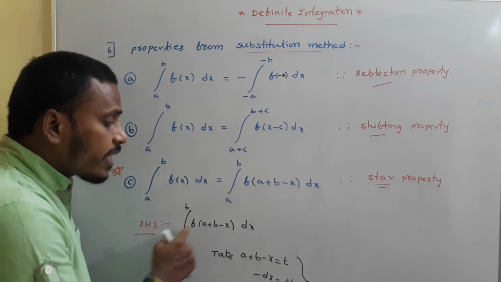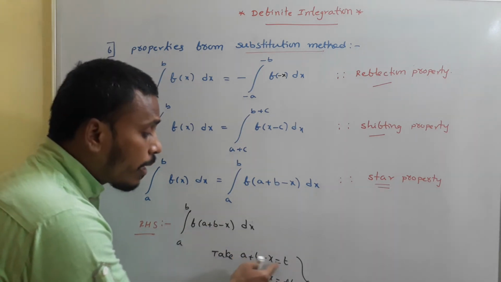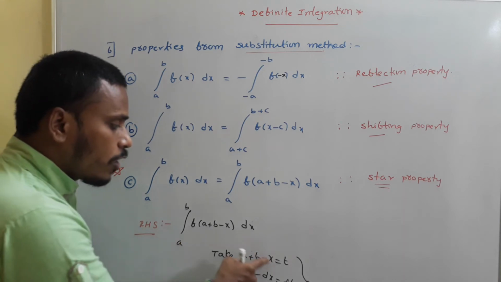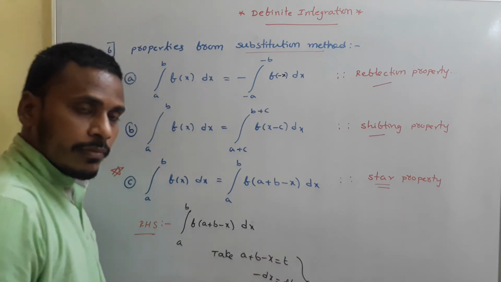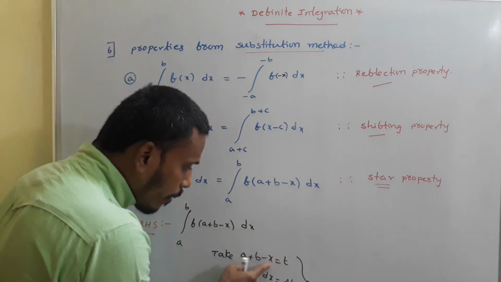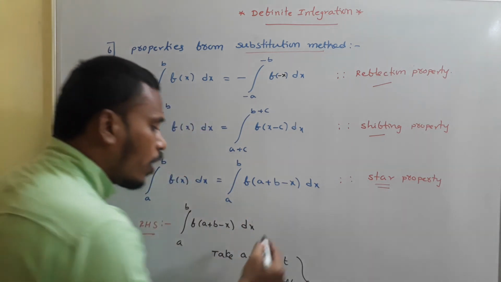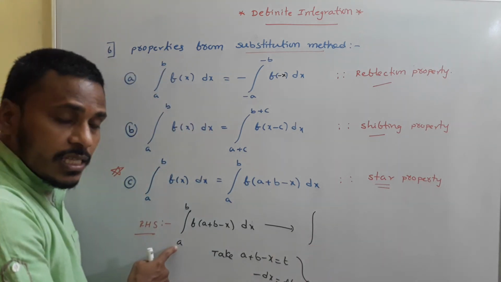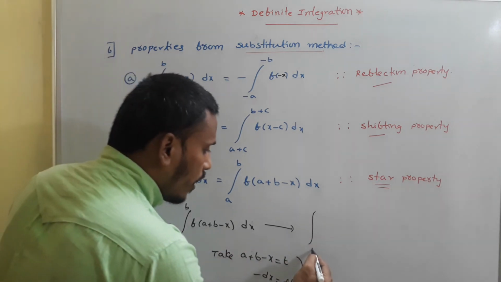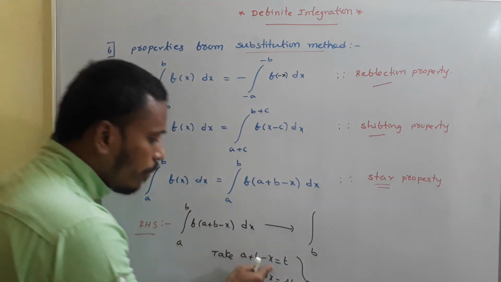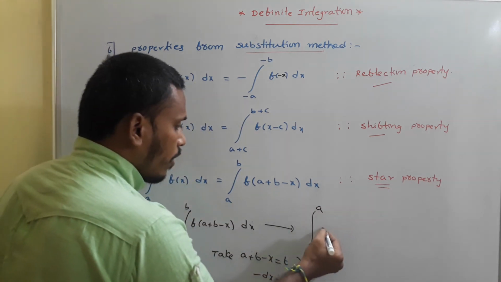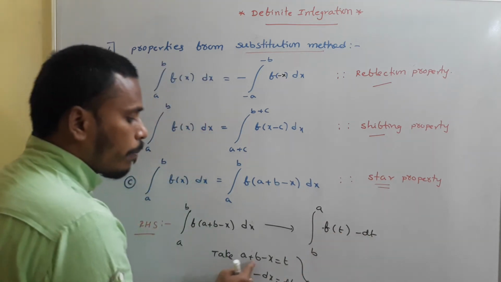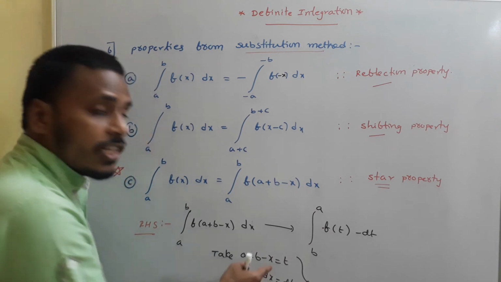And now think about the limits. If you replace x with a, t will become b. Take x equals a, t will become b. Take x equals b, b minus b gets cancelled, t will become a. So then you have a chance to rewrite completely in terms of t. x equals a means t equals b, x equals b means t equals a, so integral b to a f of t minus dt, because a plus b minus x is t and this minus dx is dt.